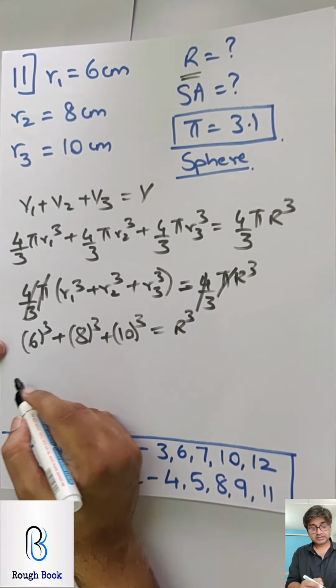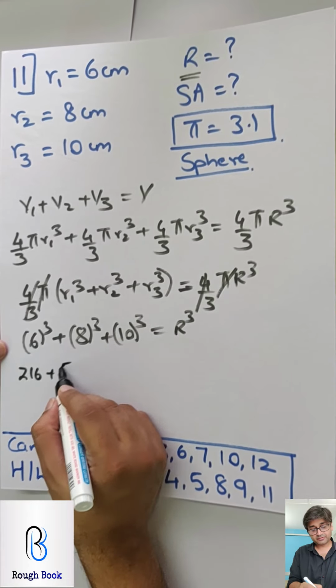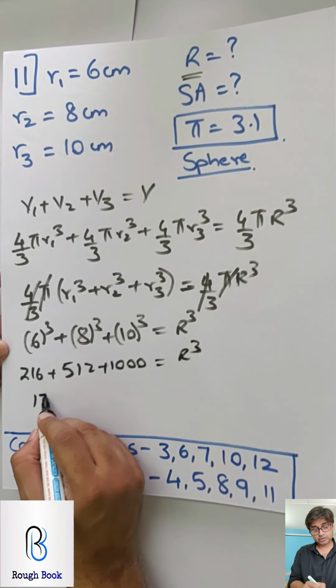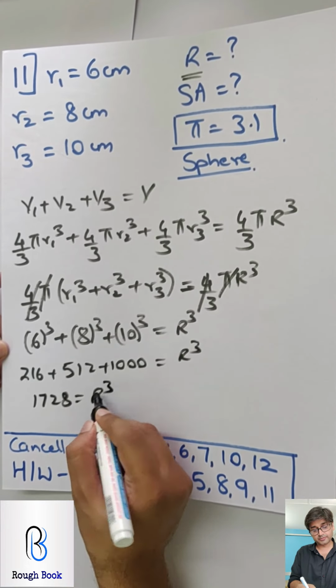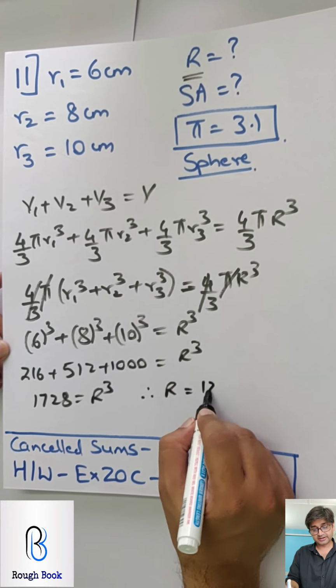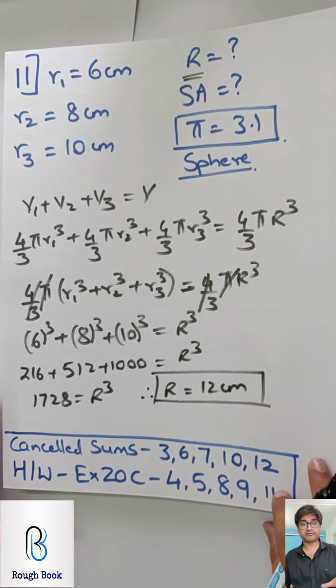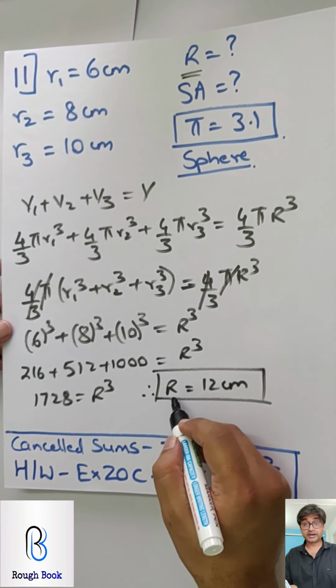So first is 216, 512 and 1000, equals R cube. So 1728 is R cube and therefore we can say R is 12 centimeters because we know that 12 cube is 1728.